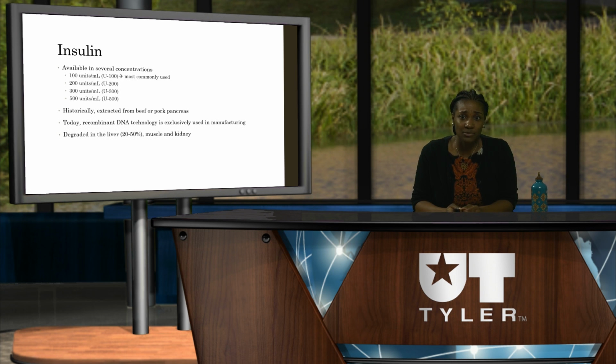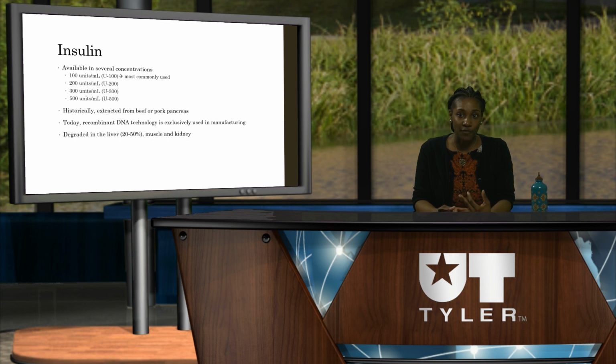Historically, when insulin was first found, it was extracted from beef and pork pancreas. There were a lot of side effects that could go along with that, but now it's all developed in the lab. We use recombinant DNA technology, and that's pretty much exclusively used in our manufacturing.